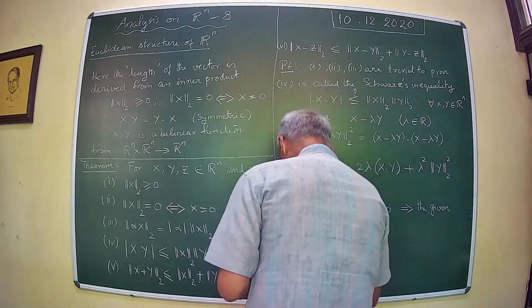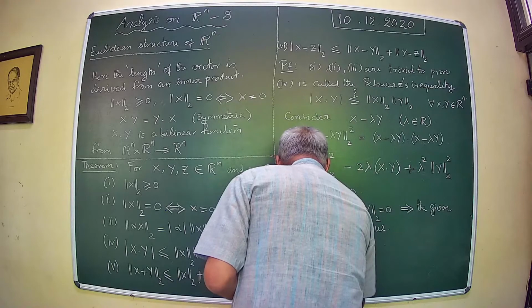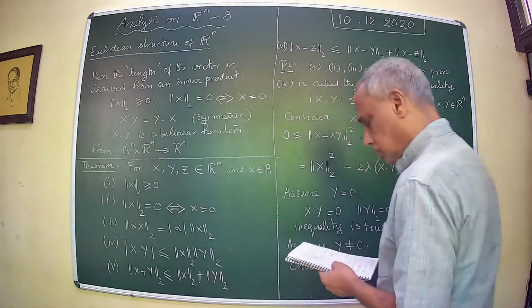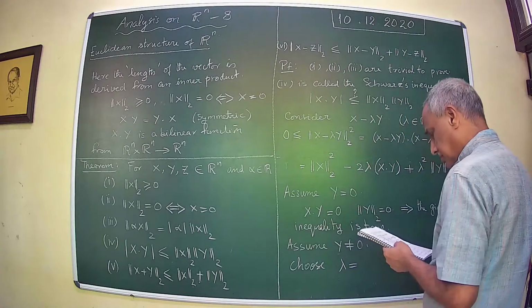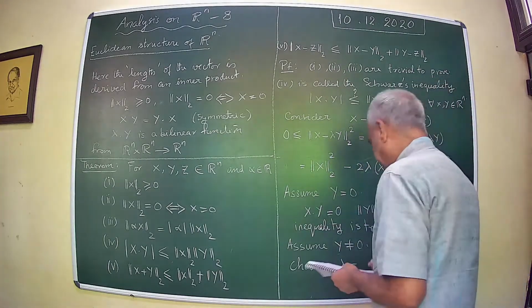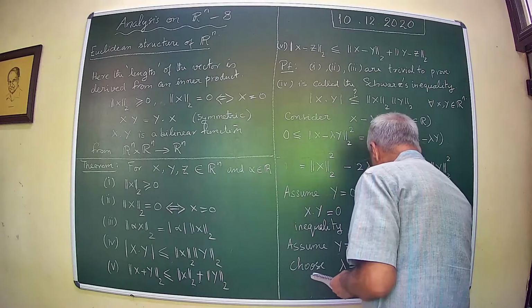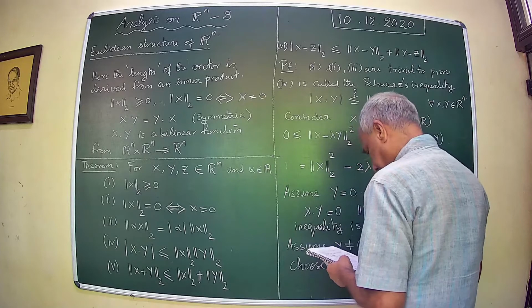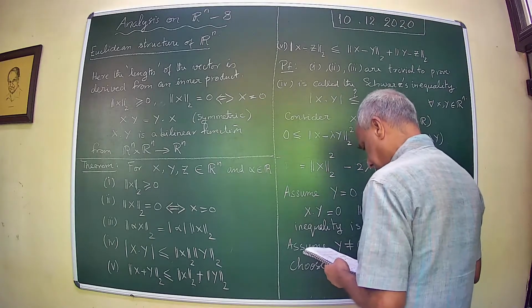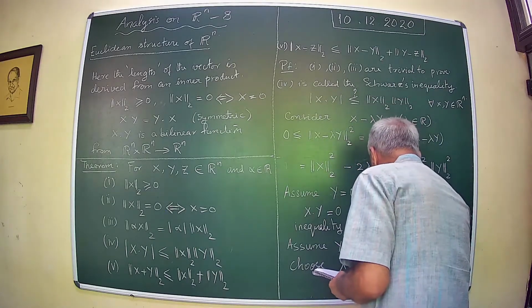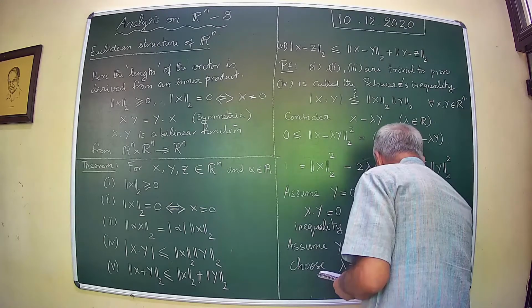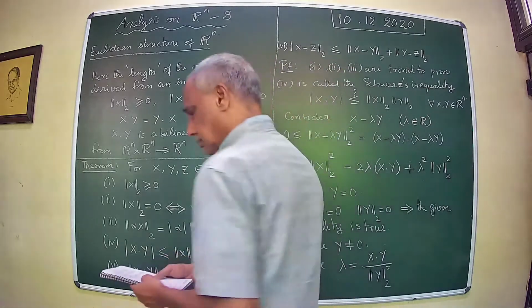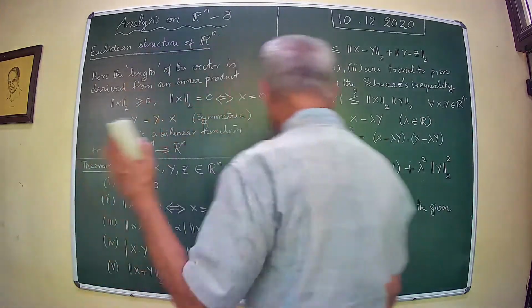So choose lambda equal to x dot y divided by norm of y square. Choose this. Then you go ahead with the computation.